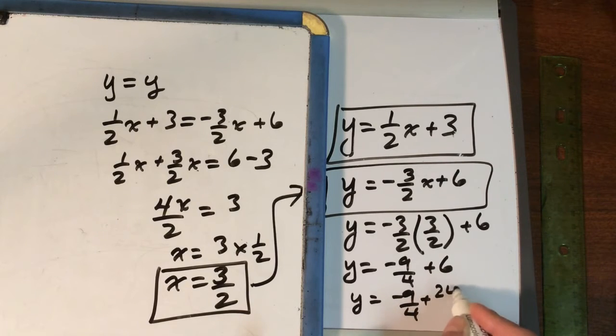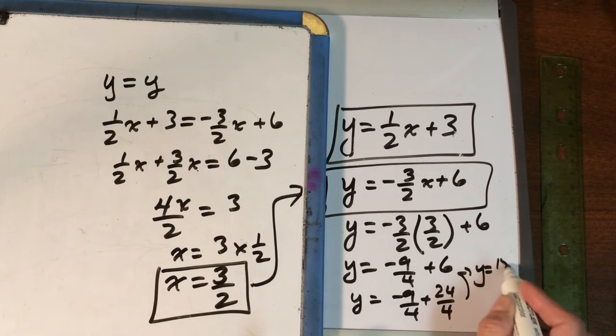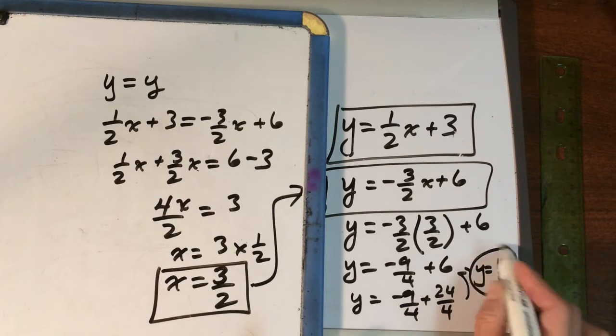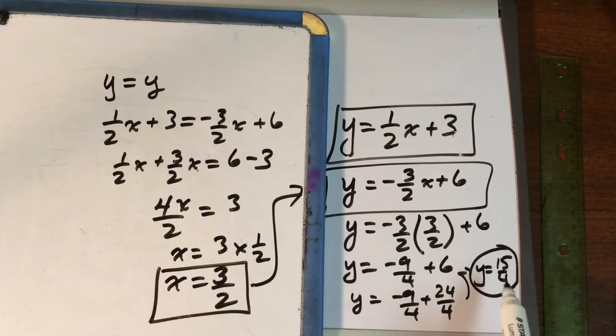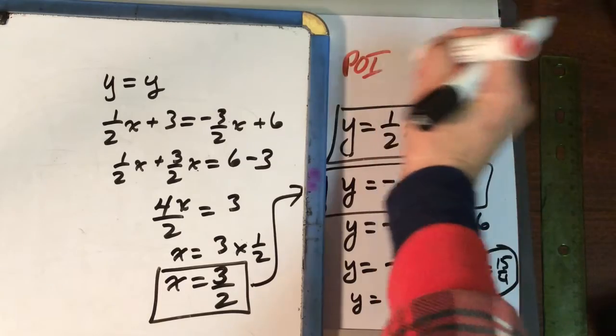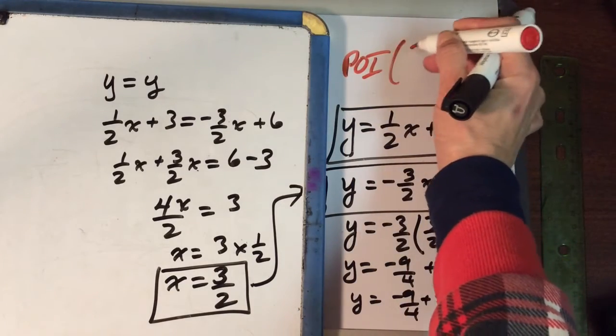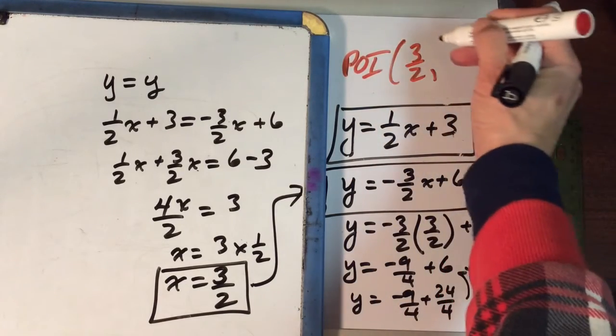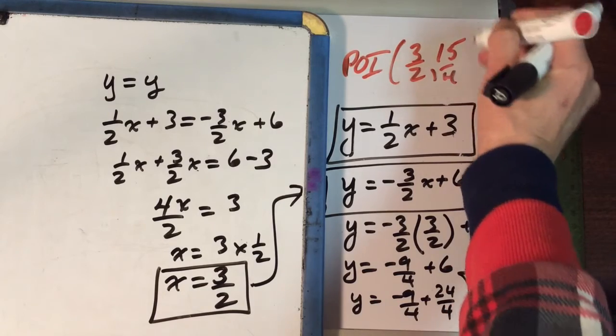And this is going to be 24 over 4. And then finally, y is equal to 15 over 4. And so we have our x and our y, and this is our POI. Okay, so the POI that we found is 3 over 2 and 15 over 4.